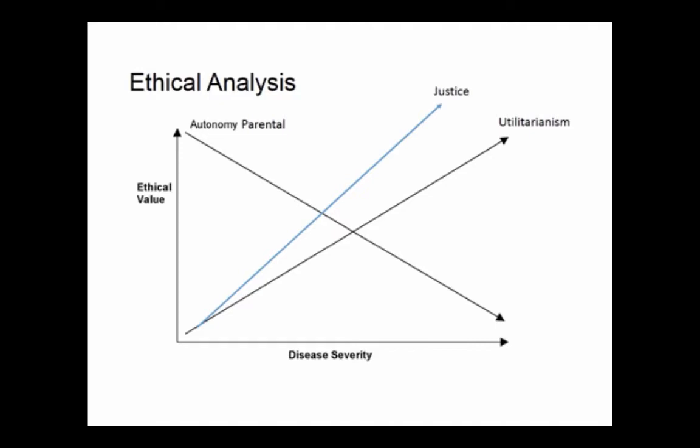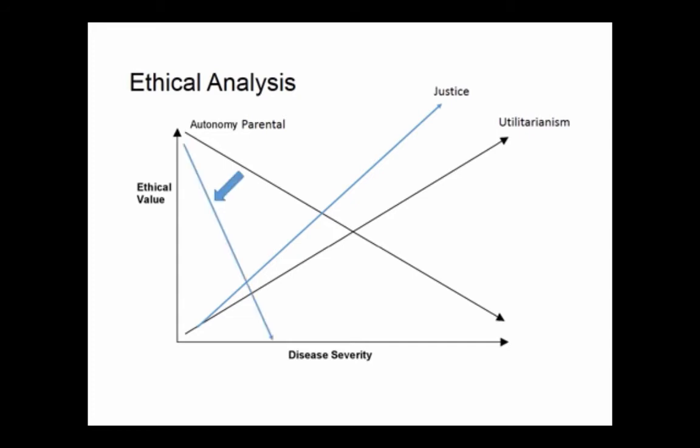So, for example, if we consider social justice to have a higher weight than utilitarianism, then when compared with parental autonomy, the point at which the lines of justice and parental autonomy cross shows a decreased disease severity when compared to utilitarianism. Again, mainly because we've placed a greater weight on justice.